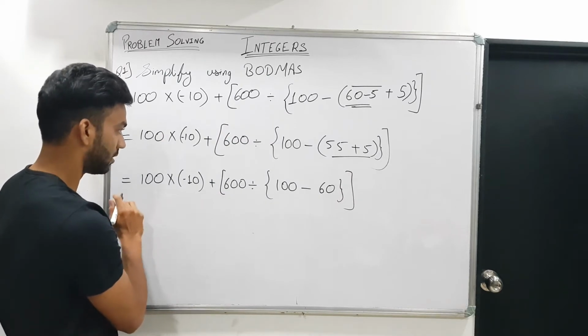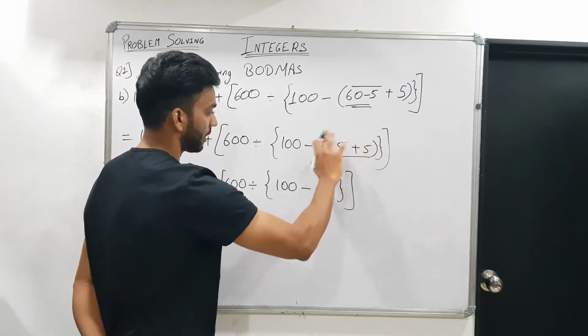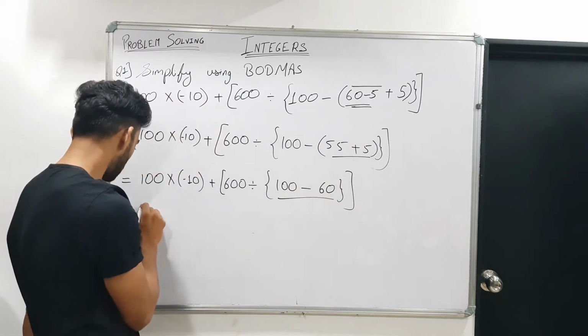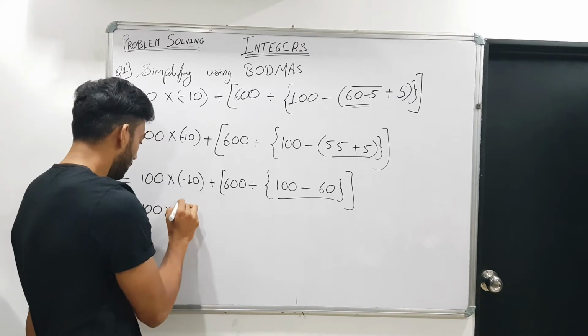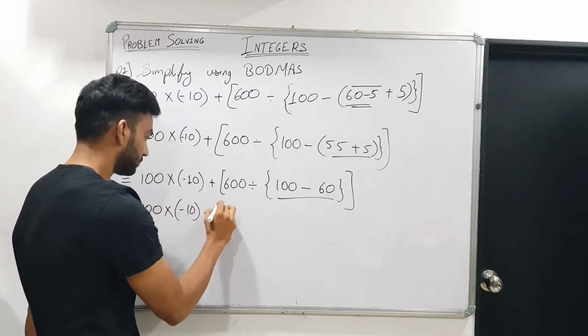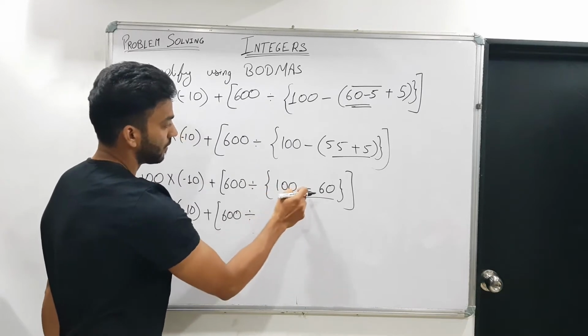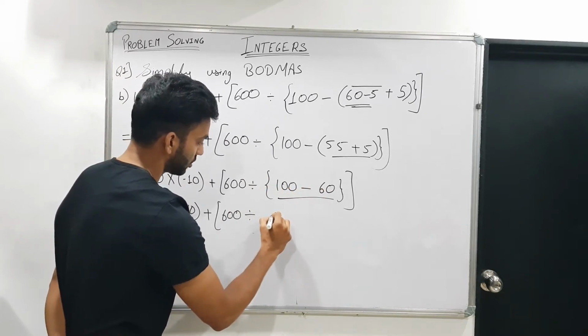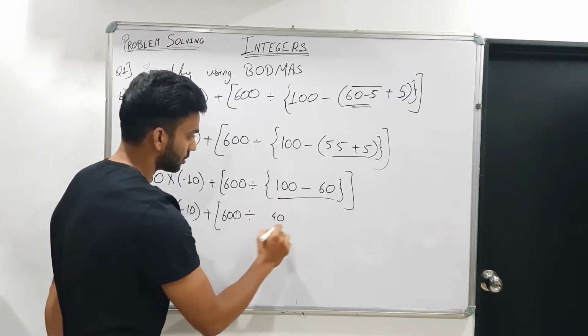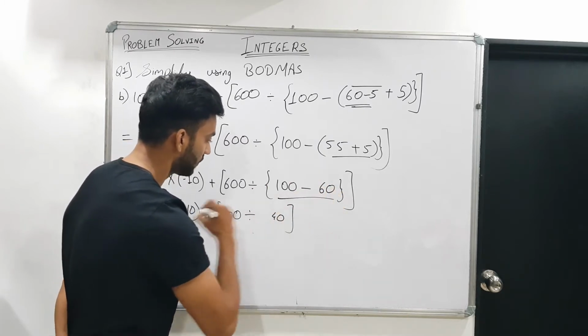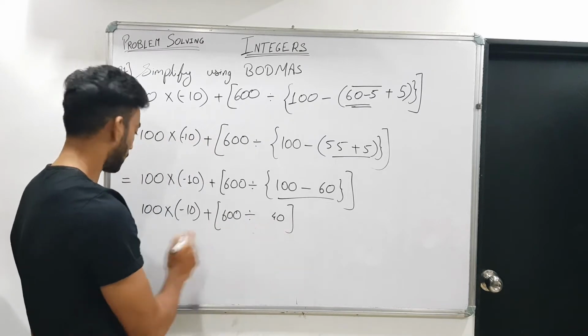Then this is done, round bracket is gone, we have the curly bracket. Here we will solve this part. Minus 60, that is 40, greater number is positive, and curl bracket is gone, so here we'll have this square bracket.